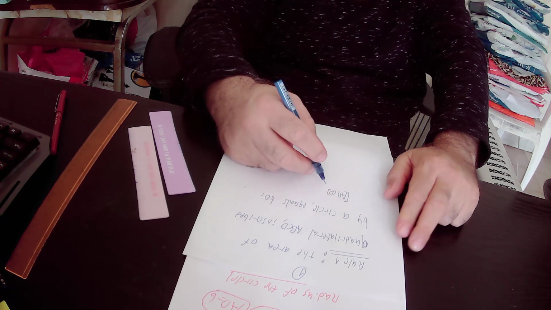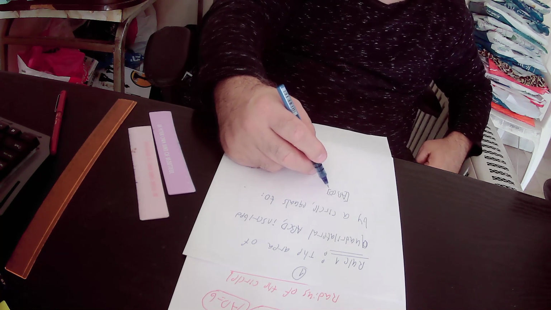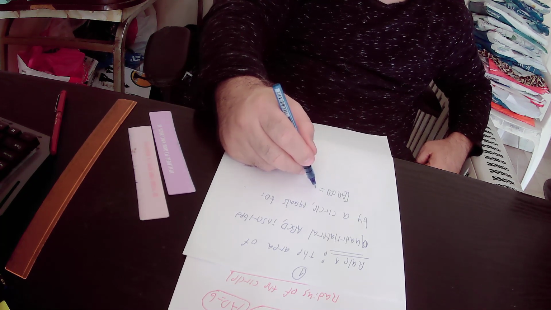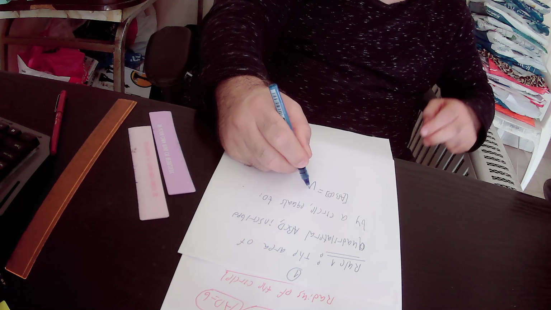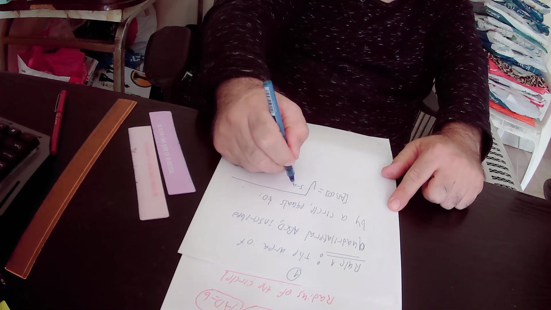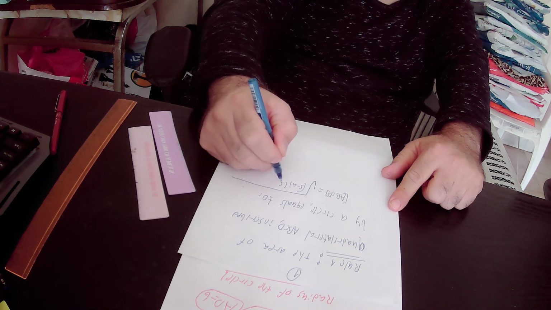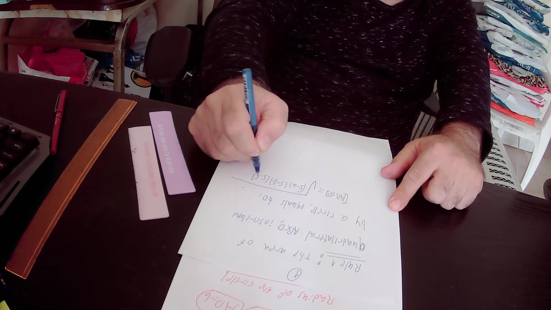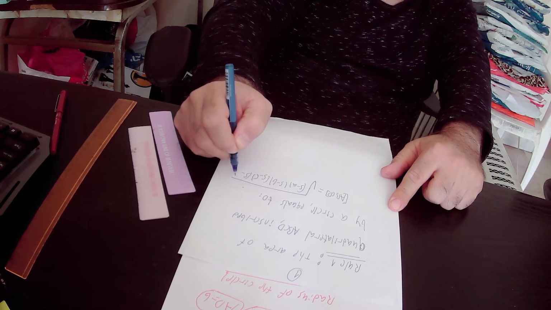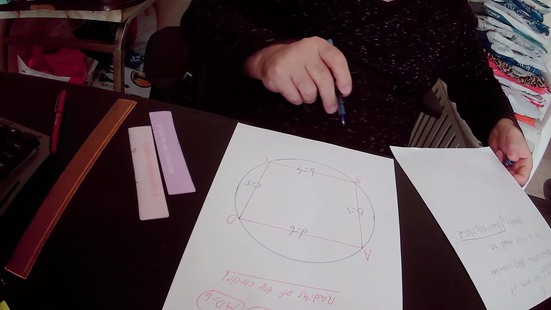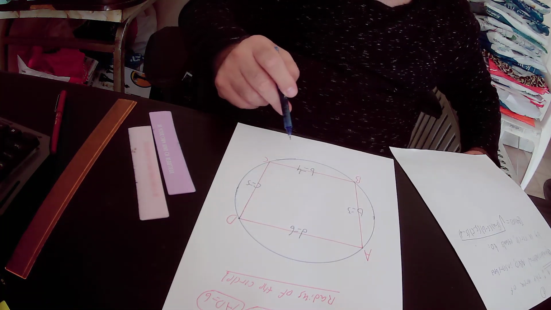actually this is the sign of area, and this is the area of quadrilateral ABCD. It equals, according to rule number 1, to the root of S minus A times S minus B times S minus C times S minus D, when A, B, C, and D are the lengths of the quadrilateral's sides.